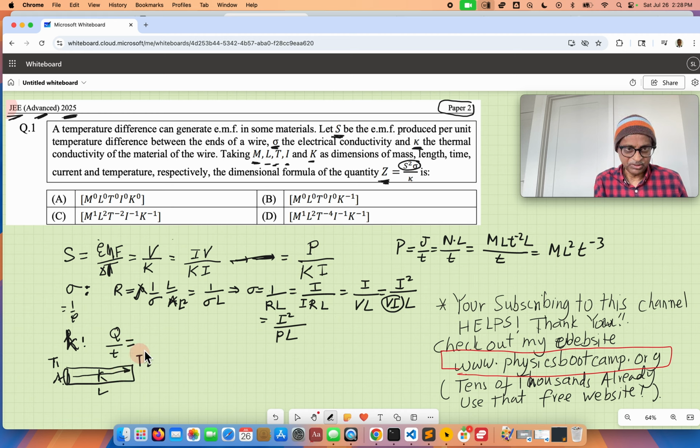This will be proportional to the area, proportional to the delta T, T1 minus T2, and inversely proportional to the length. And this script kappa is going to be the proportionality constant.